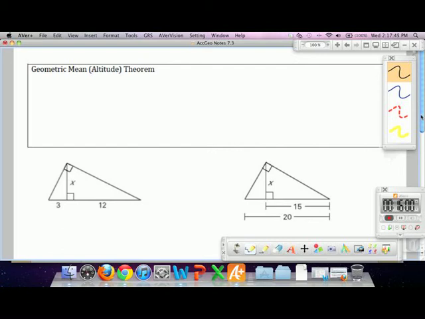There's going to be 2 geometric mean theorems here. The first is the altitude geometric mean.